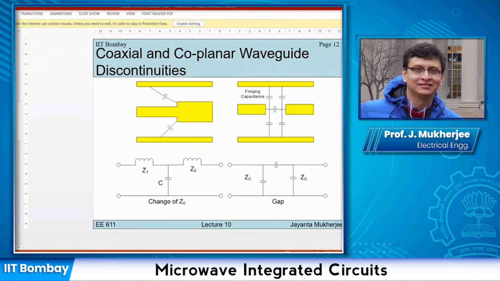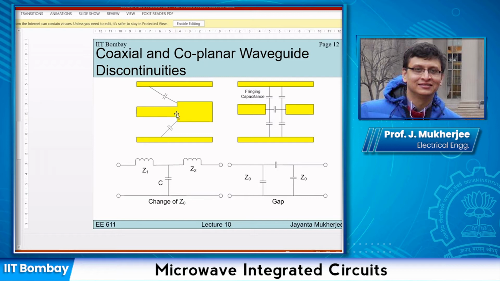Now, the next two-port network that we discussed was discontinuities, and here we have examples of such discontinuities. See this yellow part, this is thicker than this part, and this acts as a sort of transition between a microstrip line that has this smaller width and a microstrip line that has this broader width.